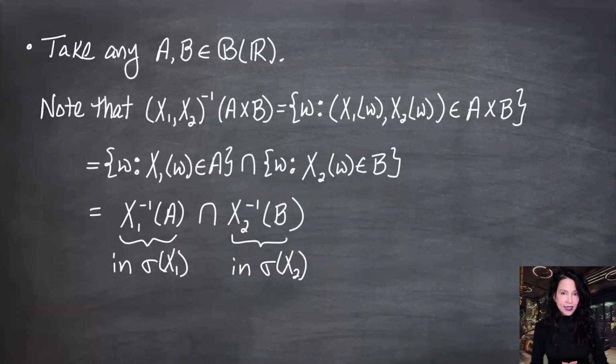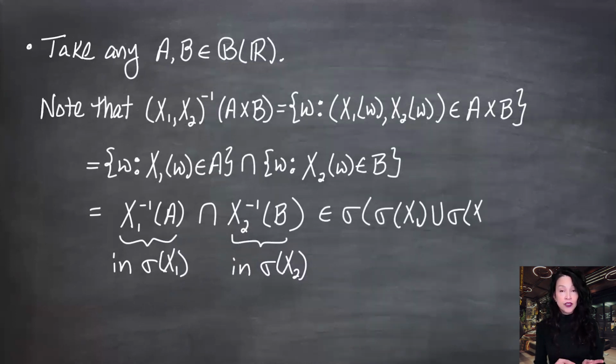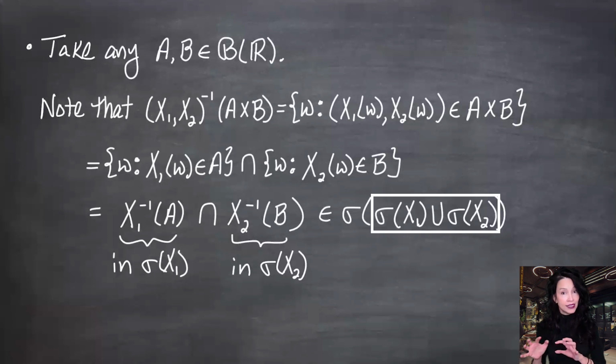So both of these are sets, and if I intersect them, I'm not sure where that is, but I can say it's in the sigma field generated by the union of these 2 sigma fields, because I have an inverse image of something that's in one collection of sets, and the inverse image of something else is in another collection of sets, and I'm throwing those into a big bucket of sets.